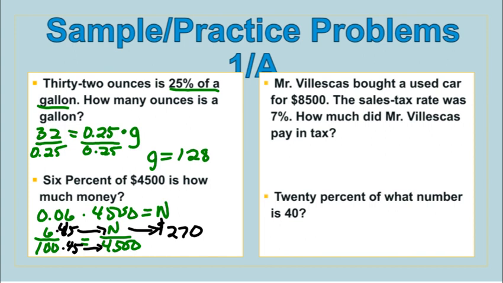Next one. Mr. Valescas bought a used car for $8,500. Sales tax rate was 7%. How much did he pay in tax? So he bought a used car for $8,500. The sales tax rate was 7%. So then multiply that by your 7%.